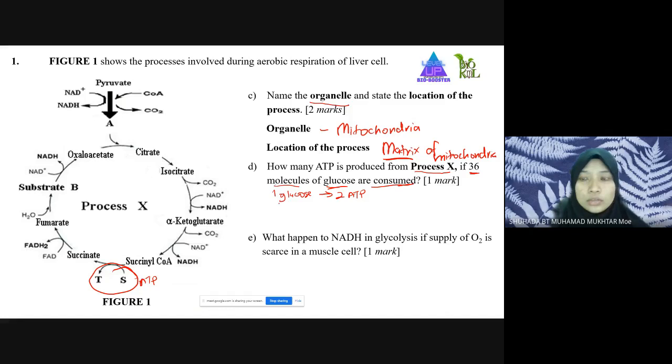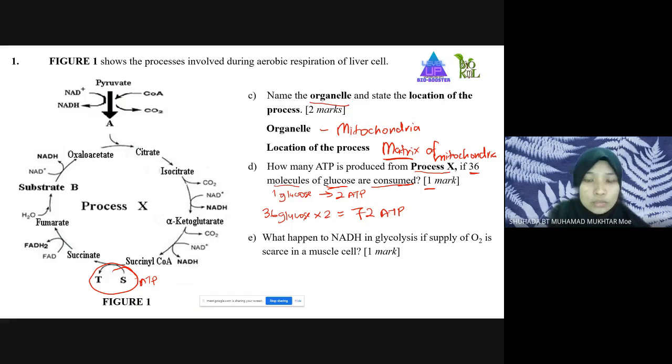Kalau satu glukos dapat 2 ATP, kalau 36 glukos, darab 2 lah kan? So awak dapat 72 ATP. You don't have to show the calculation because it's only 1 mark here. So you just mention the amount of ATP produced. Cakap je lah ada 72 ATP.